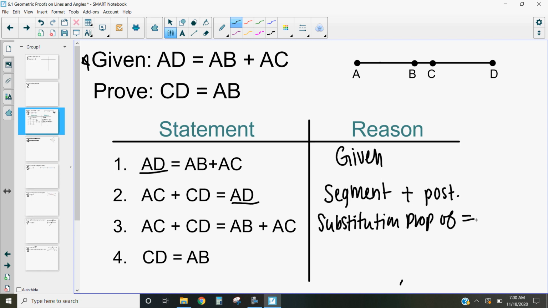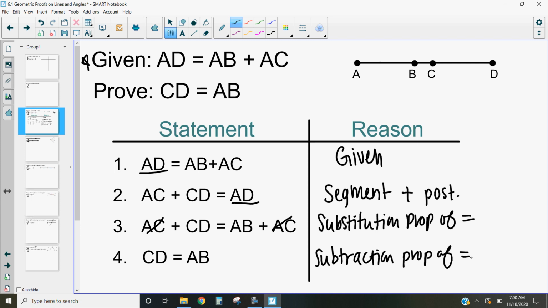And then the last thing that they did is it looks like they got rid of these ACs to get CD equals AB. Now, we know that we can subtract something from both sides of an equal sign. And the property that says we can do that is the subtraction property of equality. So that is the way that we would prove that, giving those reasons.